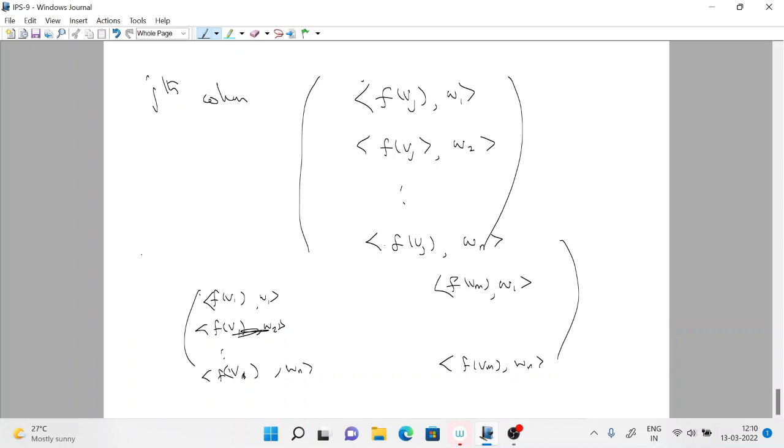This is the first column, this is the mth column. Therefore it's a matrix of size n cross m. Is that clear? So pause, review, proceed.